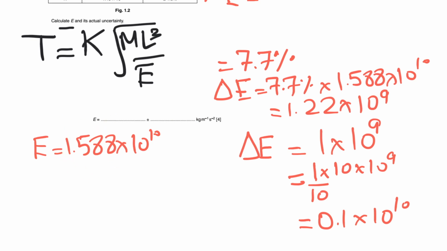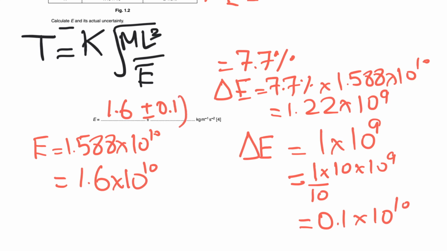So your value of E is not 1.588, it's going to be 1.6 into 10 raised to the power 10. So your final answer would be 1.6 plus minus 0.1, put brackets around it, into 10 raised to the power 10. I hope you all understood the question.